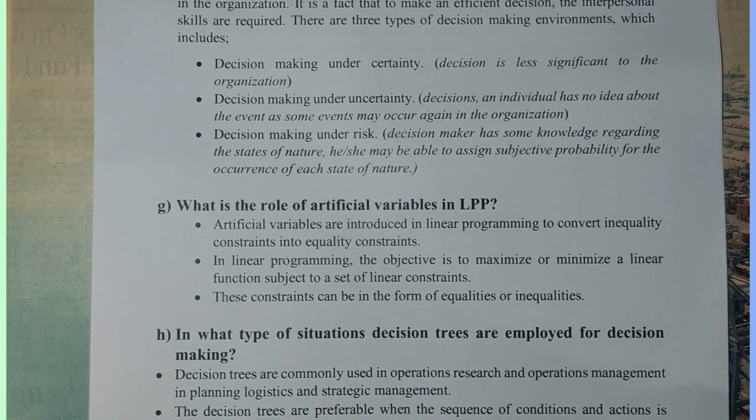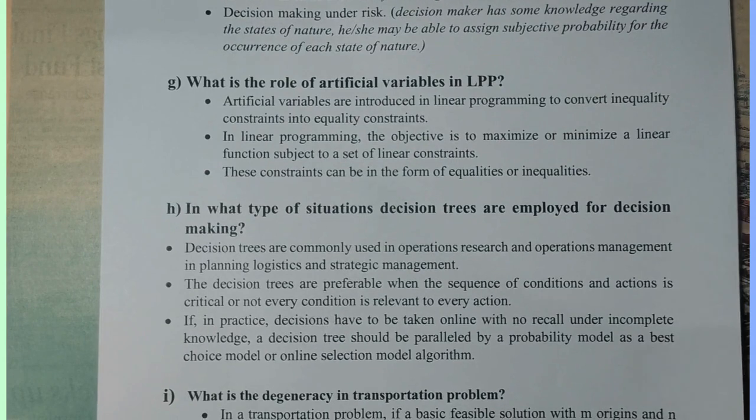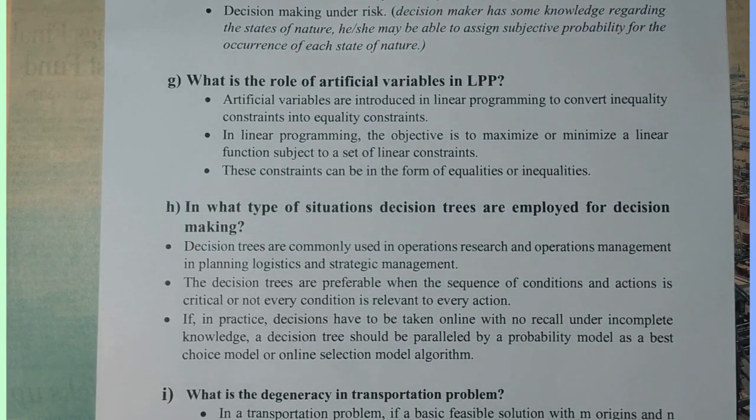The next is question number 1H. In what type of situation are decision trees employed for decision making? Decision trees are commonly used in operations research and operations management, with special reference to planning logistics as well as implementation of strategy management.